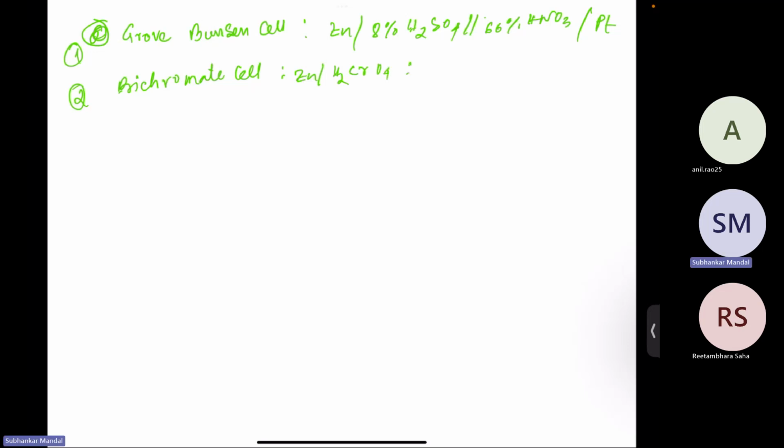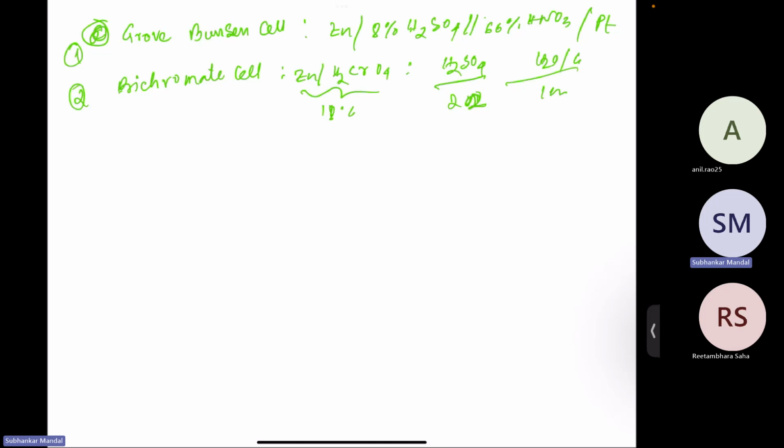Okay, and the other thing is H2SO4 and water, and carbon you used to take. So basically total 100% is used. So this one is called 22%, and this part is 18%, like that.